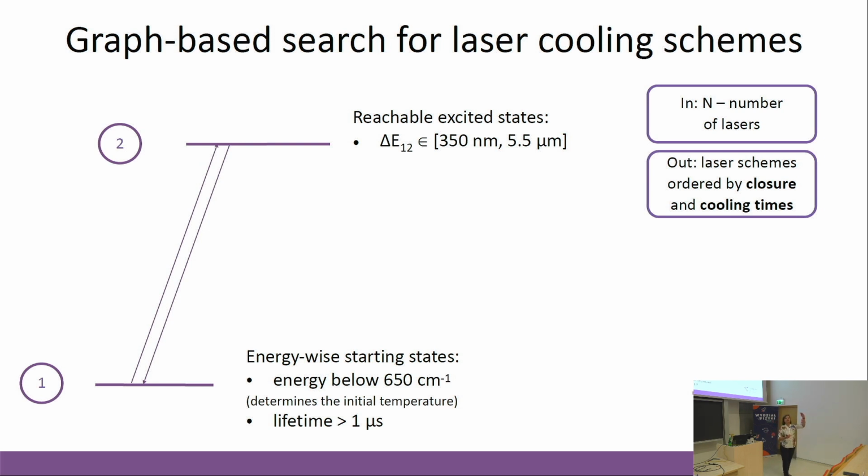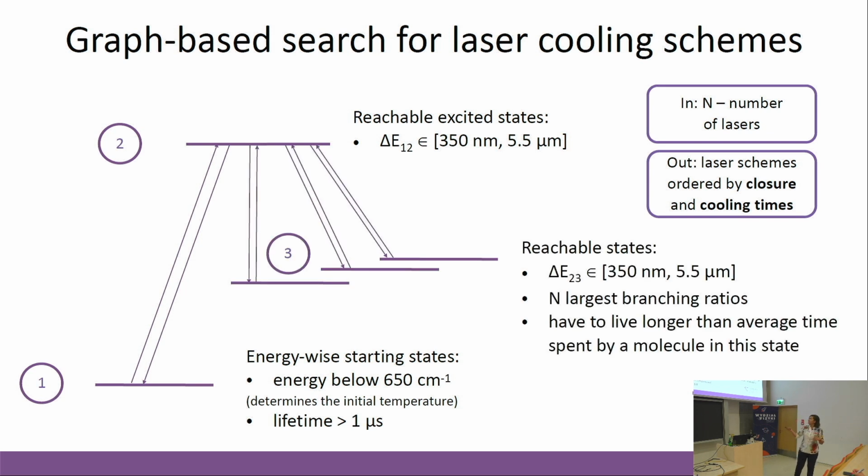This will be the basis for your laser cooling scheme, the one that keeps spontaneously decaying, and then you pump it back. The only condition it has to meet is that there exists a decay channel between them, because that means you can pump it back, but also that the energy difference between those two energy levels has to be addressable by the lasers that you have in your lab. So you have to put a condition on the distance between those energy levels.